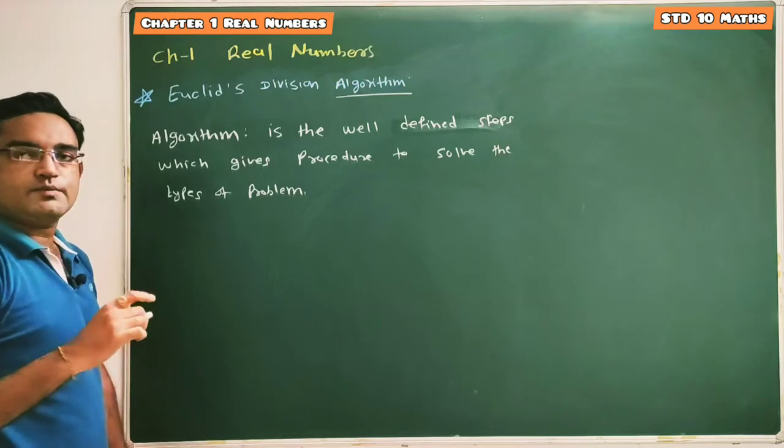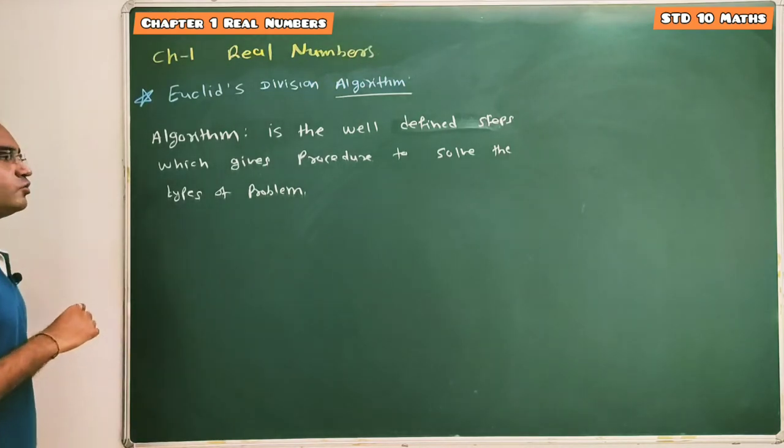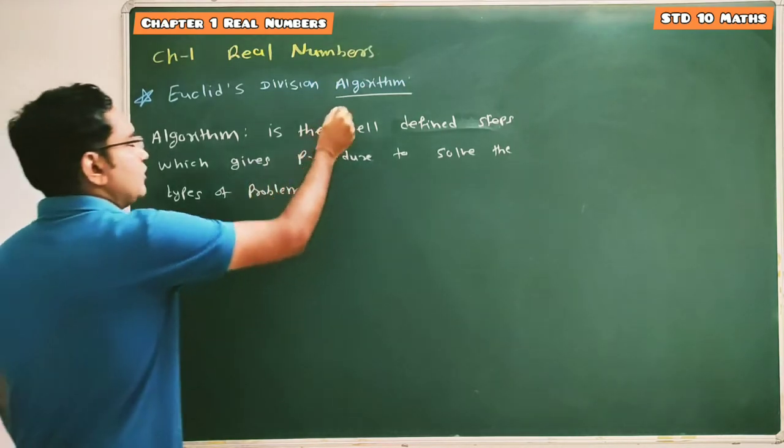So it's well-defined steps which give the procedure to solve a type of problem. That is known as an algorithm.